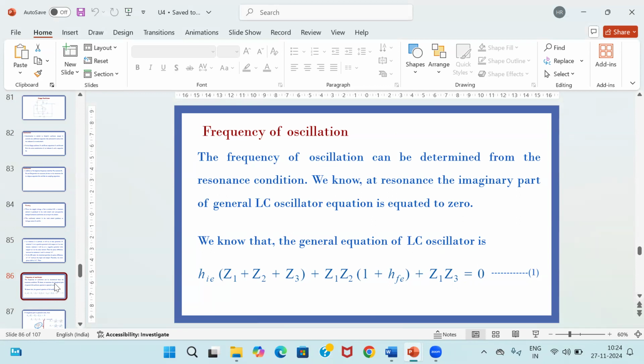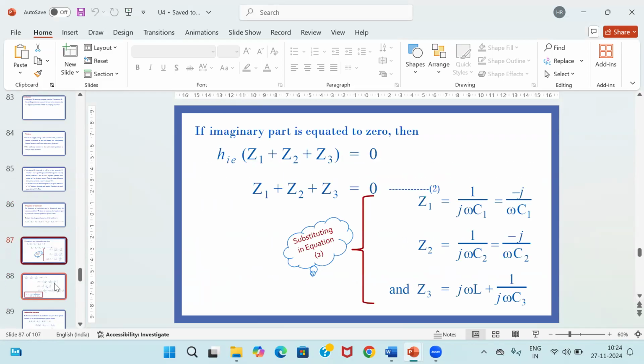To achieve the condition for frequency of oscillation, the imaginary part should be equated to 0. So hie(Z1 + Z2 + Z3) equal to 0 means Z1 + Z2 + Z3 is equal to 0, because hie cannot be made 0. Z1 is 1 by j omega C1, as we have defined, since it is a capacitor, and Z2 is 1 by j omega C2.